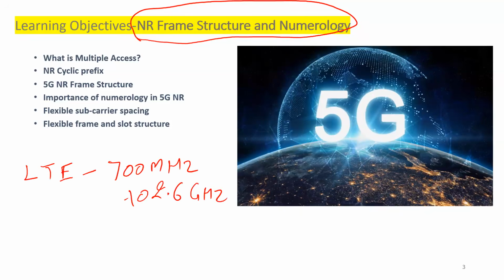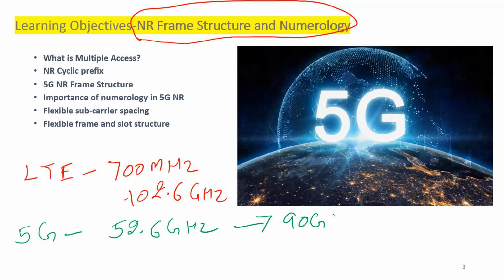So a fixed sub-carrier spacing of 15 kilohertz in LTE is enough. But in 5G, use cases and frequency range are very wide. In 5G, our frequency range can go up to generally 52.6 gigahertz, but it can go up to 90 gigahertz as well.